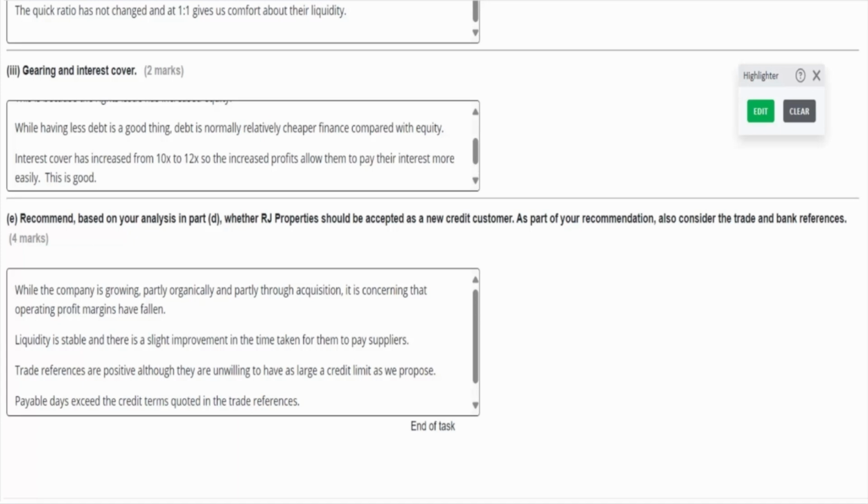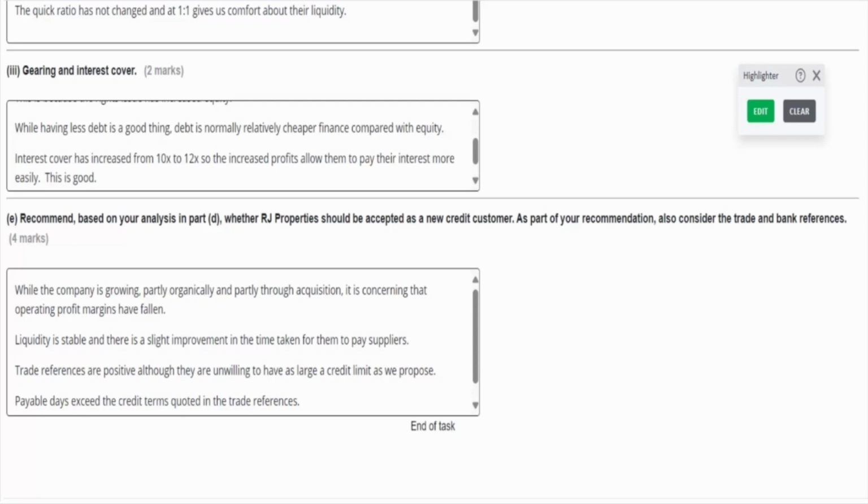So if the new company had better gross margins itself when it's combined with RJ Properties, then overall for the group, the profit margins will improve. Another possible cause is that the bigger business may have been able to negotiate bulk discounts, and that would reduce material purchase costs and reduce cost of sales.